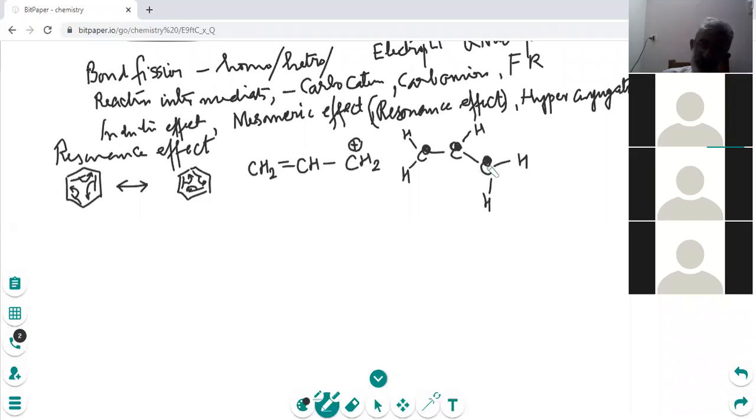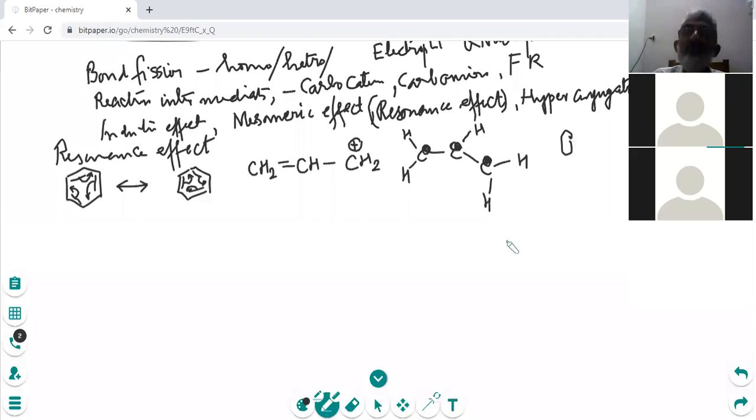Right. Now suppose I turn the whole molecule out of plane by about 90 degrees. See what happens? The whole molecule along this axis, I am turning 90 degrees. What happens?